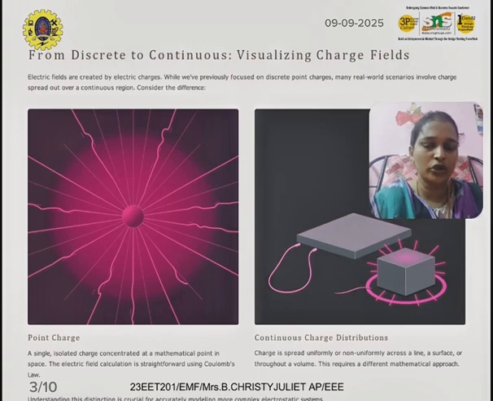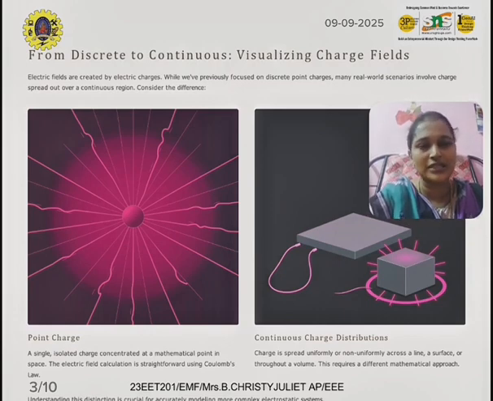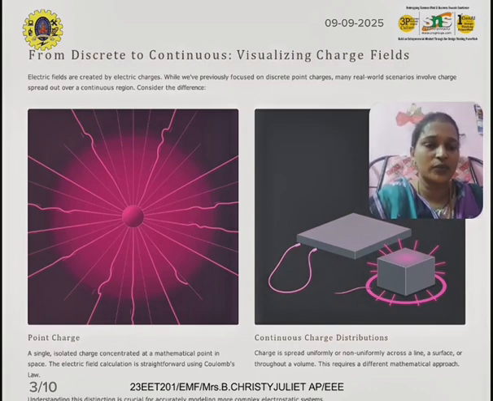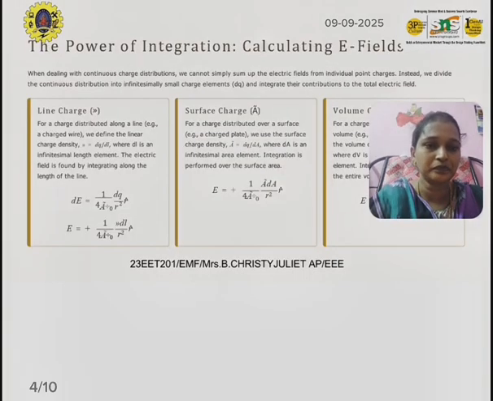Then if you want to calculate the cumulative electric field of these two charges, it can be represented as E is equal to E1 plus E2. So the cumulative value of several point charges is the addition of the electric field due to each and every charge. But when it comes to continuous charge distribution, the case is different, wherein we have to integrate the total electric field values.